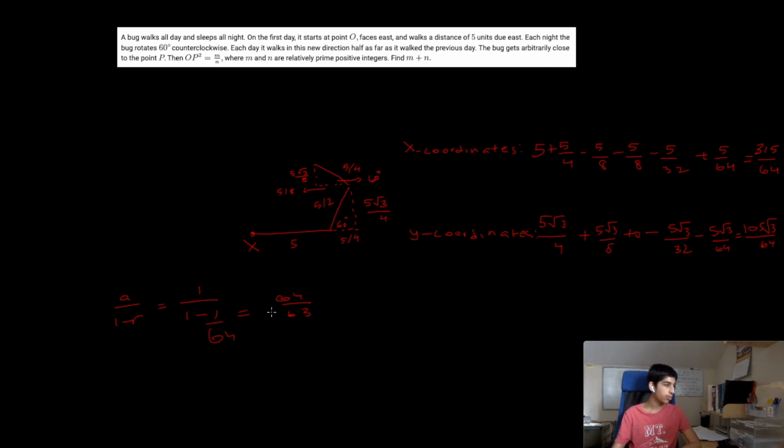And then we can multiply these by what we found over here, which was 315/64 and 105√3/64. So our new x coordinate would be 315/64 times 64/63, and these 64s cancel, so we're just left with 315/63. And then for the y coordinate we do the same thing.